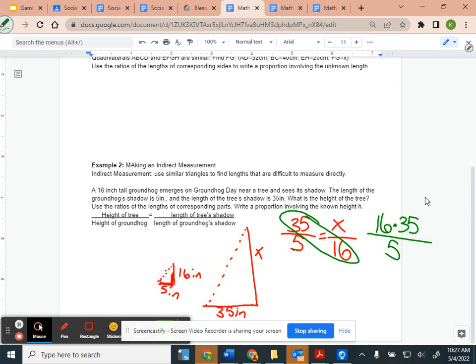Aiden? 112. Our tree is 112 inches tall. Because we did 16 times 35, and then we divided it by the 5. Same thing that we did up here. Do your cross product and divide it by the other number.